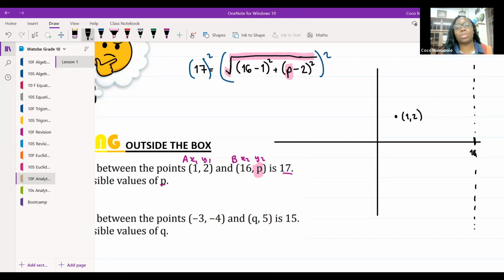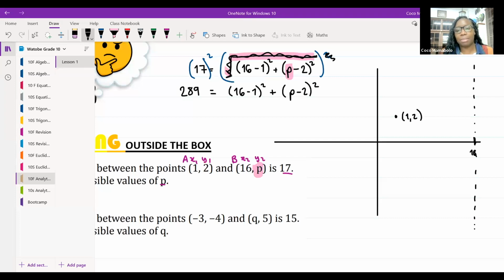Now, I know that the square of 17 is 289, which is equal to, now the square will get rid of the square root, right? So what I actually have left on this side is (16 minus 1) squared plus (p minus 2) all squared, right?